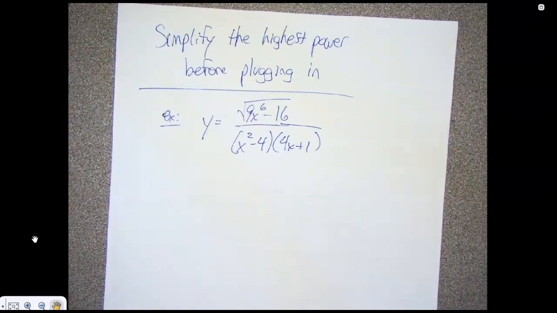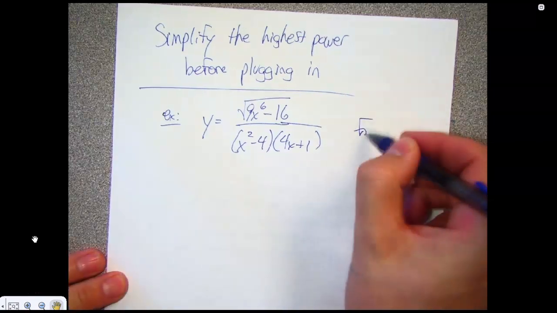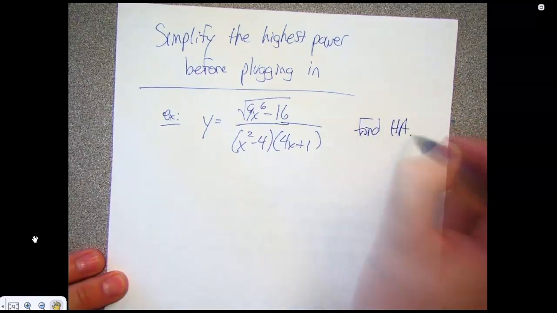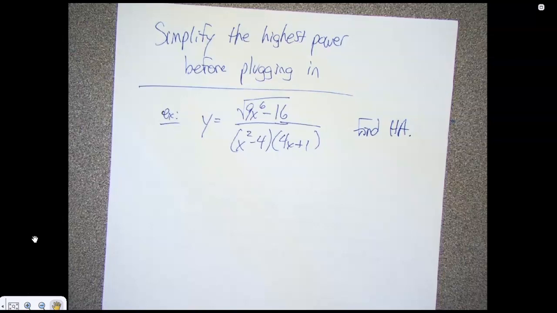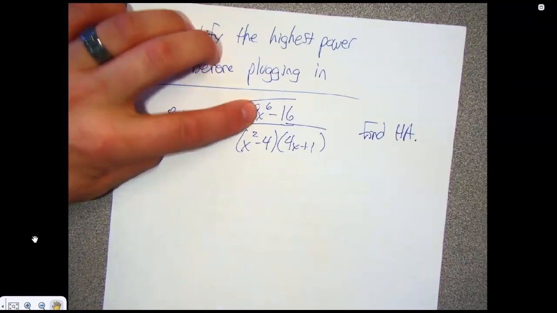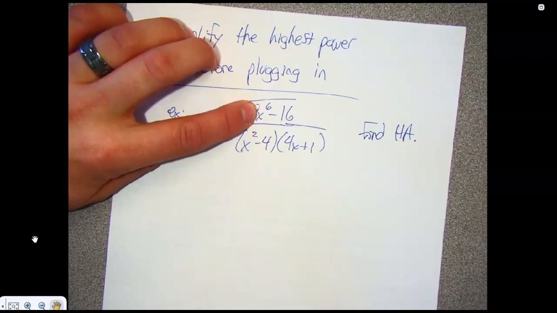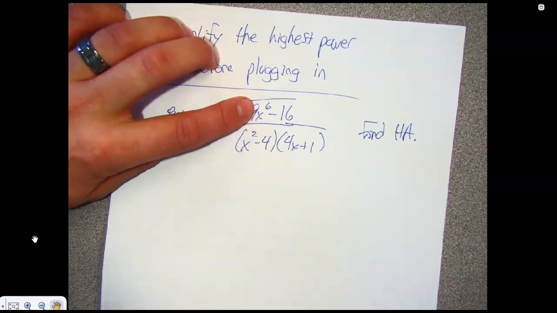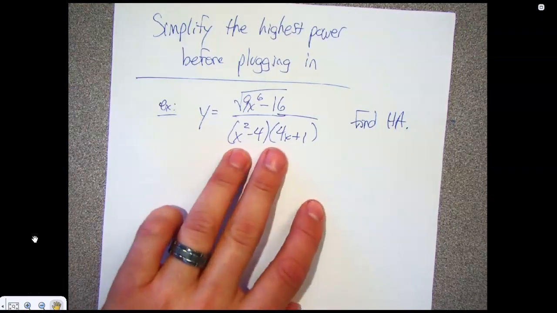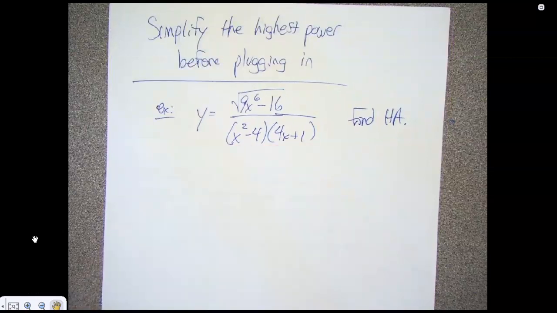And I say to you, find any horizontal asymptotes. You can't compare the powers until you simplify. So this highest power is inside of the square root, so it's not in a true state, and I have to simplify that part. These highest powers are like separate, like you got factors, so I have to put it back together before I compare the highest powers.